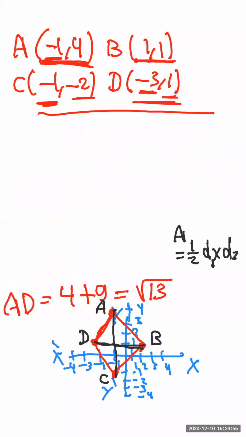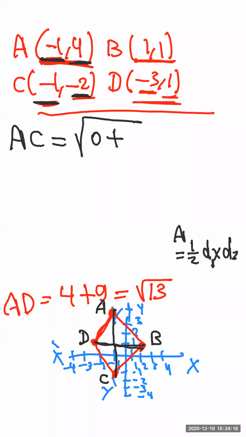Okay. So first AC. AC will equal the square root of (-1 minus -1) squared, so -1 minus -1 means -1 plus 1, which is 0. Then plus (-2 minus 4), so -6 squared, 36.